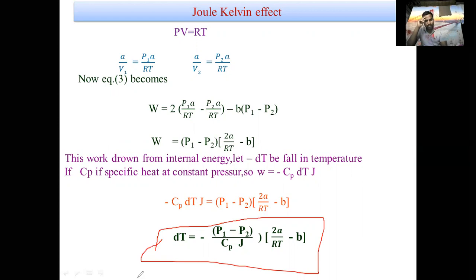For a given pressure difference P1 minus P2 across the plug, the cooling is greater for a lower initial temperature T, where T is the initial temperature.